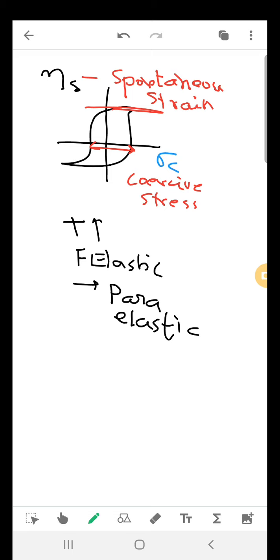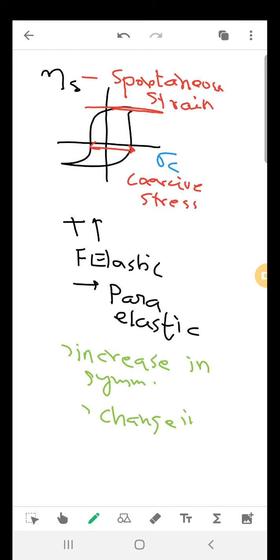And it occurs by an increase in symmetry and change in the crystalline system.